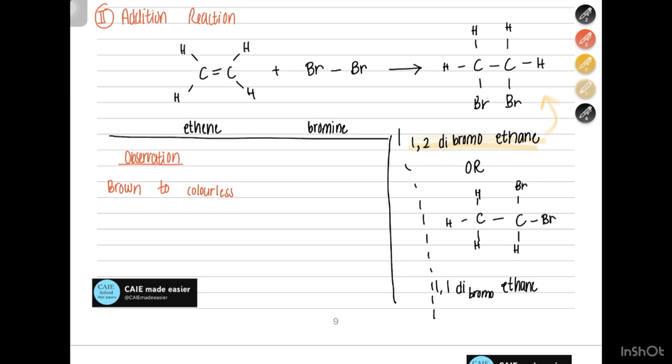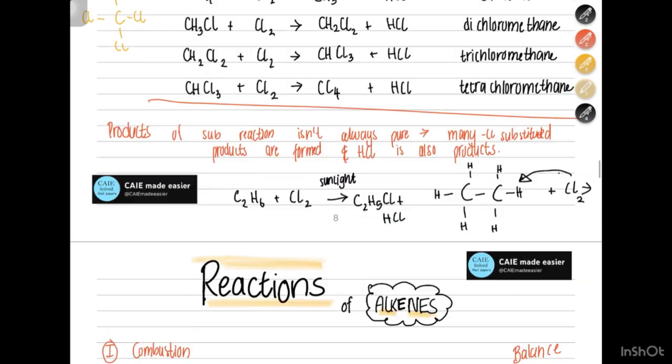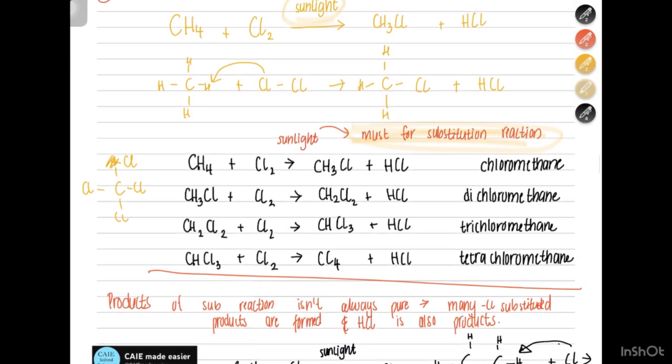On a chemical level, what happens is that it's not a physical observation. This is on a chemical level. In addition reaction, only one product is formed. Unlike substitution, where we had multiple products, as you can see here: chloromethane, dichloro, hydrogen chloride.